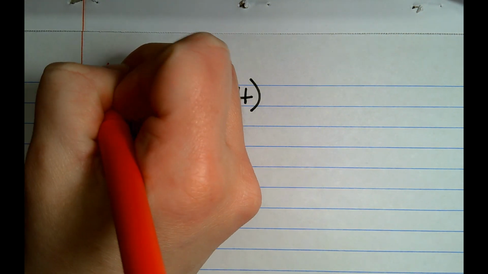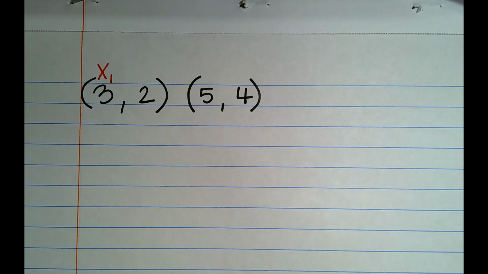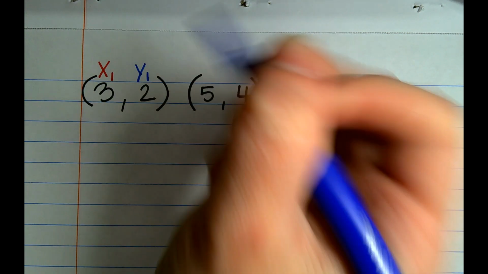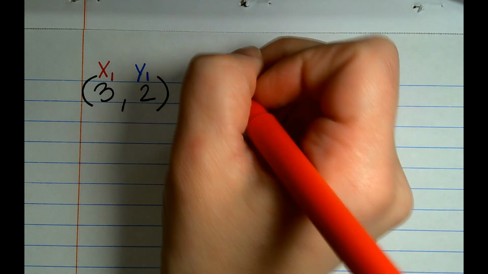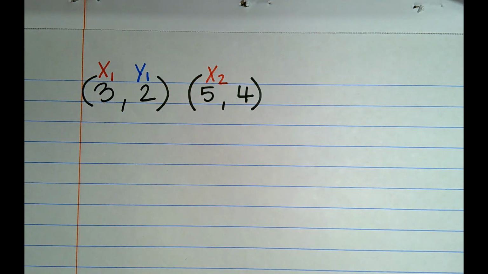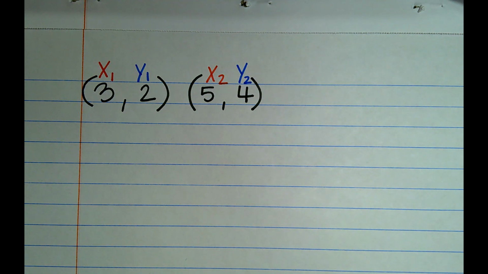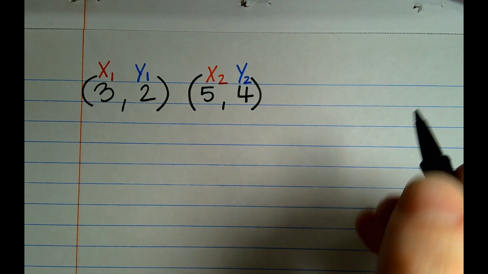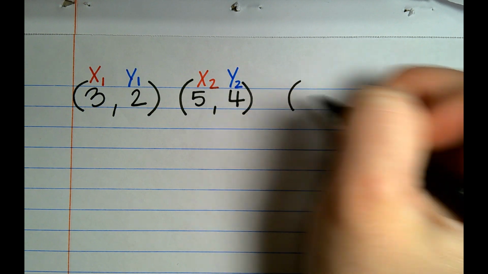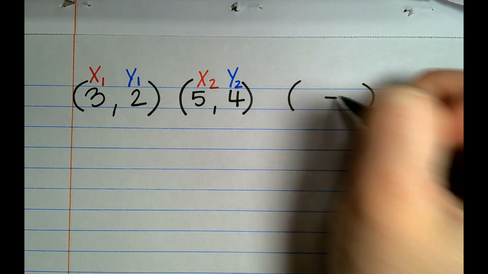We know we have our X1, Y1, X2, Y2. And now I'm going to write my empty parentheses, okay? I'm not going to fill it out yet, but I'm going to give myself my empty slots.